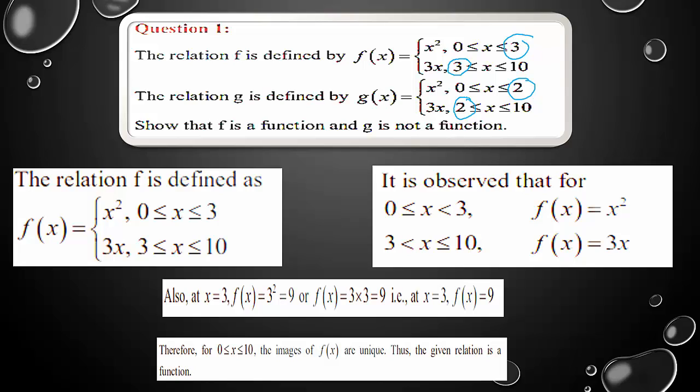In the g of x, you put 2 and check whether it is unique or not. Here the output will be 9. Here the output will be 4 and 6. So because of these two outputs, g of x is not a function. Because of this single output, f of x is a function.